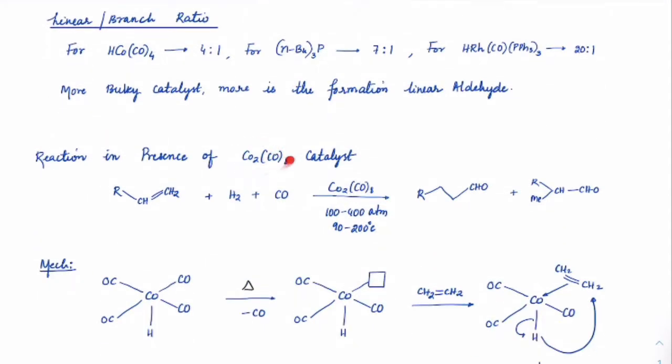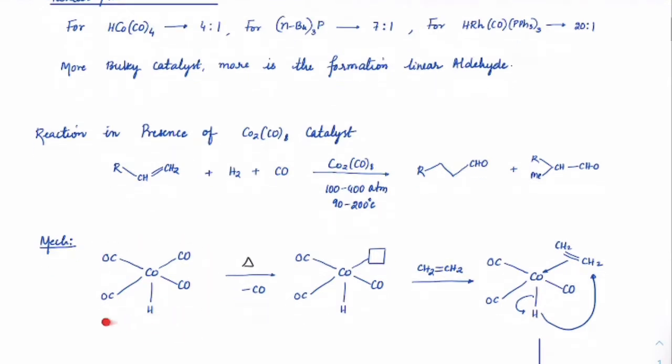Usually we take this, right? When I write oxo, you usually see cobalt octacarbonyl, Co2(CO)8. In the presence of H2 it will convert into this HCo(CO)4, and that's where the mechanism begins.